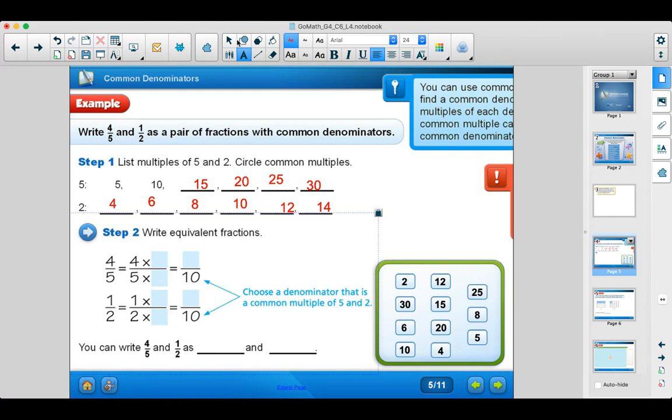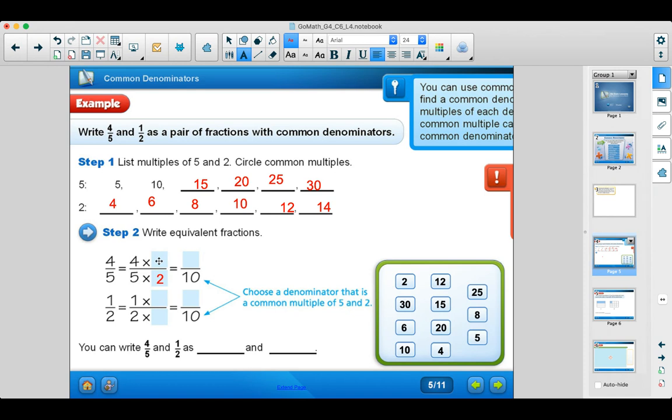So let's begin. 4/5 equals 4/5 times what will get to 10? Well, I know this has a denominator of 10, so 5 times what makes 10? 2. Now you know in fractions that whatever you do to the denominator, you have to do to the numerator.